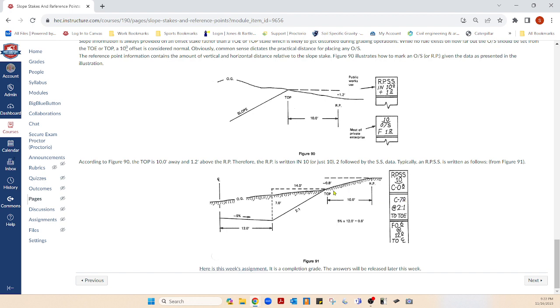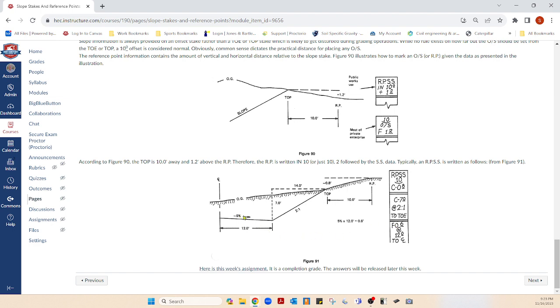If I cut 7 feet from right here, I'm going to be down here somewhere. And if it's 2 to 1, I'm going to be down there 14 feet because 2 times my vertical gives me my horizontal. So I'm going to be 7 down and 14 away from my reference stake or top stake. And then I'm going to fill.